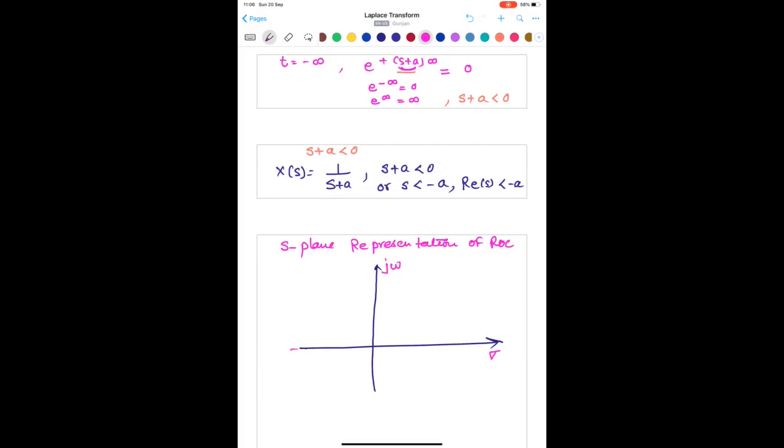Now the point is minus a again. The only difference is the region of convergence now is less than this. So in this way you will do the Laplace transform of these two signals.